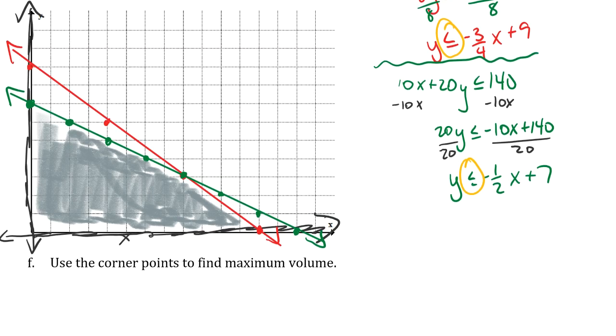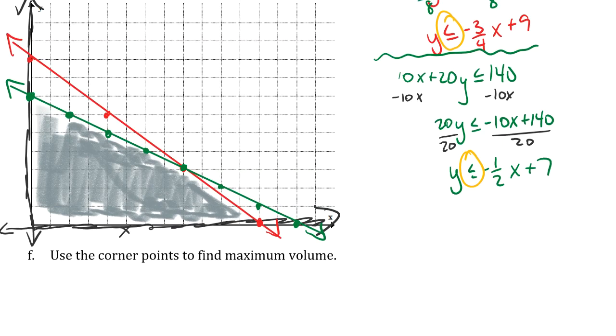So let's look at F. Use the corner points to find the maximum volume. First off, if we're going to use the corner points, we need to find those corner points. The corner points are just the edge of our shaded region. Its boundaries are right here.